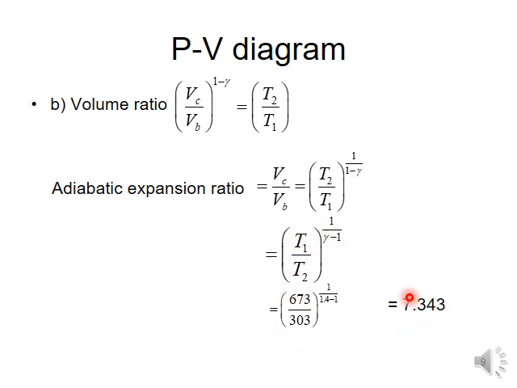That is 1 divided by 1.4 minus 1, which is 1 divided by 0.4. So we get the adiabatic expansion ratio as 7.343.